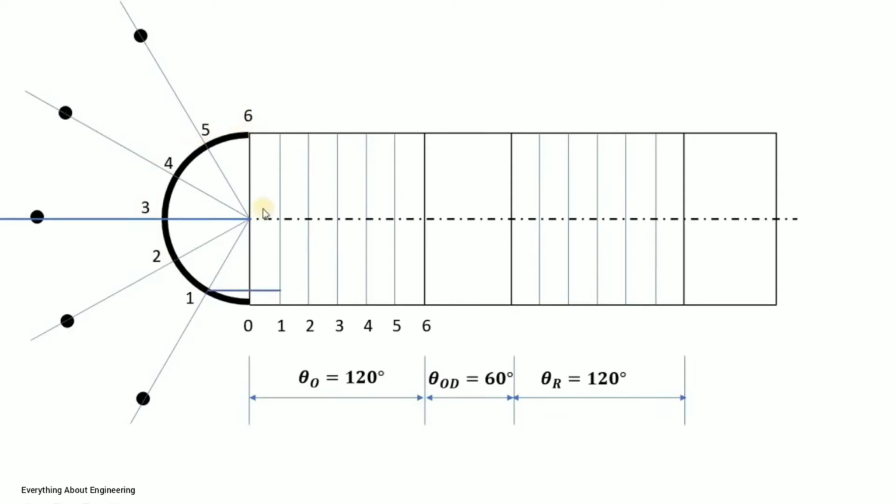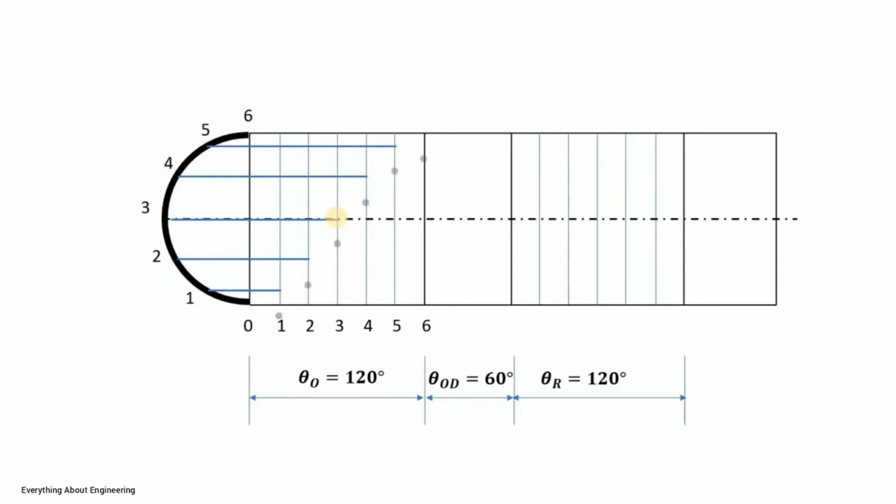Draw the horizontal line from 1 till it intersects the vertical line from 1 at this point. Similarly, draw the horizontal line from 2 till it intersects the vertical line from 2. Same procedure, draw the line from 3 till it intersects the vertical line from 3, and so on. We have to join these points by a smooth curve. This is the simple harmonic motion curve that we have obtained for theta O equal to 120°.